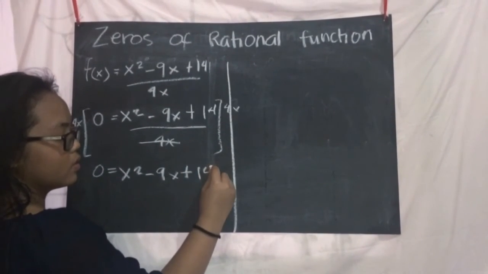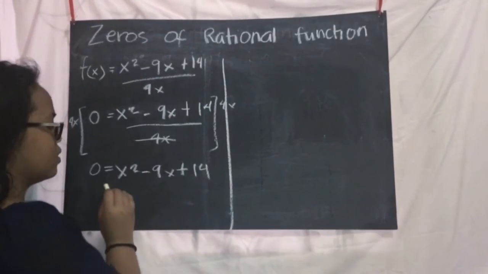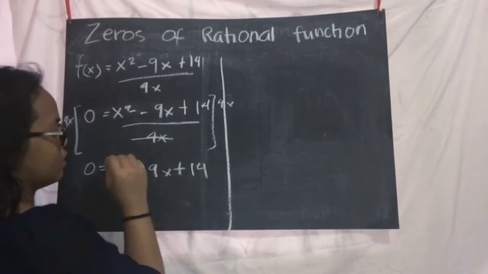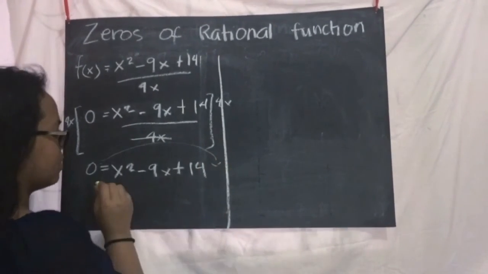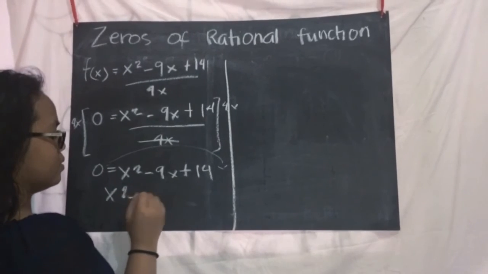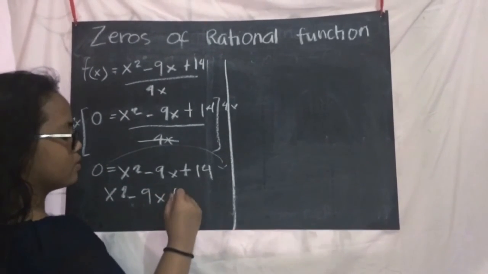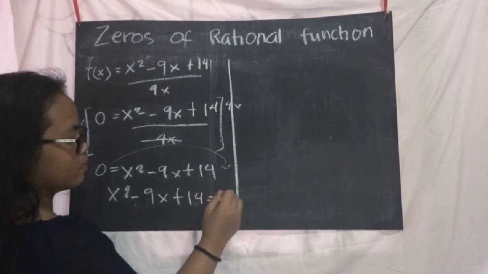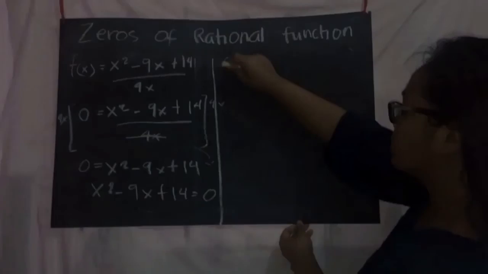So 0 equals x squared minus 9x plus 14. And we need to transpose the 0, so it will become x squared minus 9x plus 14 equals 0.